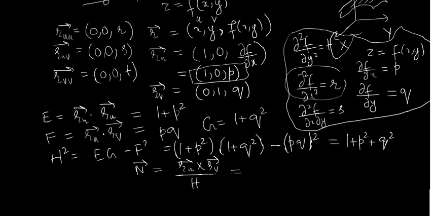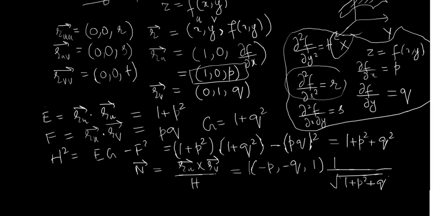It is minus p, minus q, 1. You just have to take the cross product of r u and r v. So in place of the first you would get 0 minus p, then the next would be minus q, then the last would give 1. Now that's obvious. And along with it there is H, so we have to multiply it by 1 by square root of 1 plus p square plus q square.